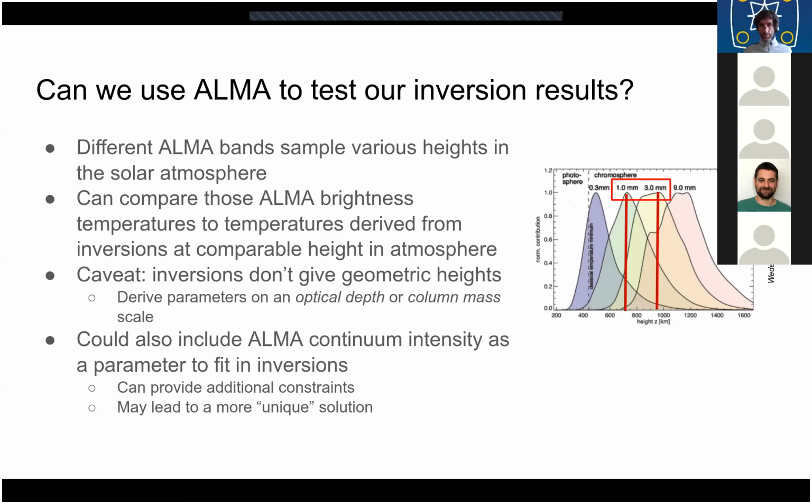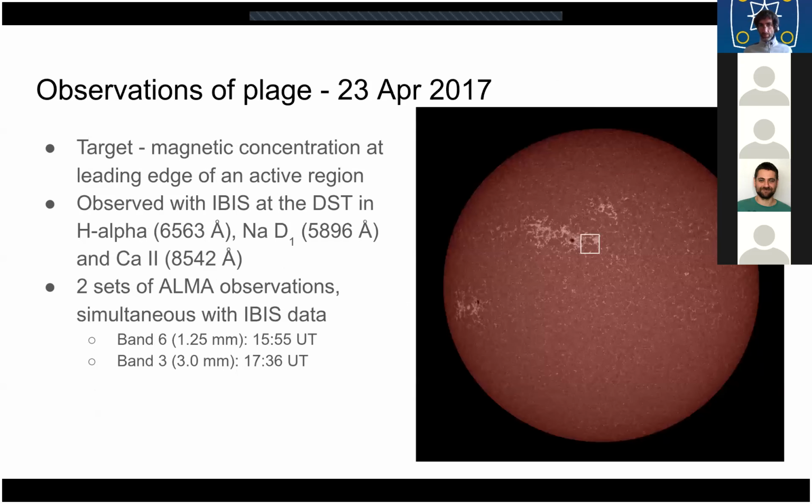In theory, we can also use ALMA as an additional constraint in our inversions to hopefully lead to a more unique solution. In this particular case, we're looking at this target right here. This is a region of magnetic plage at the edge of this active region. For those of you who saw Momo's talk yesterday, you might recall what he said about coordinated observing campaigns.